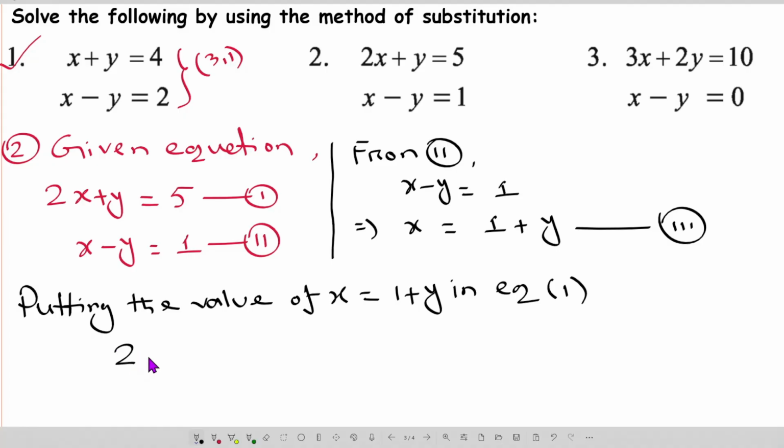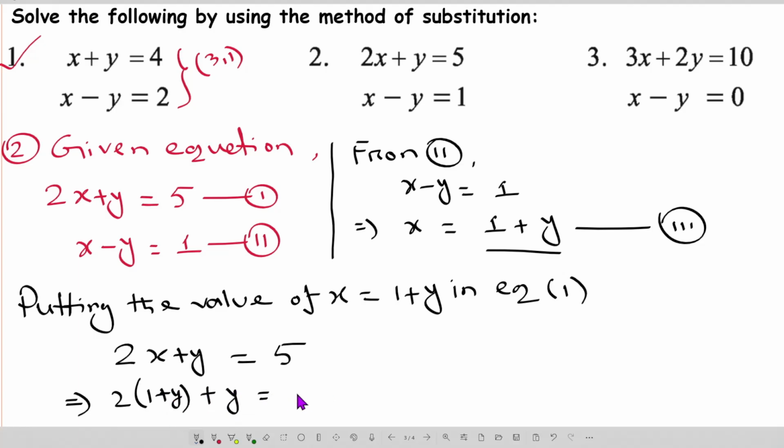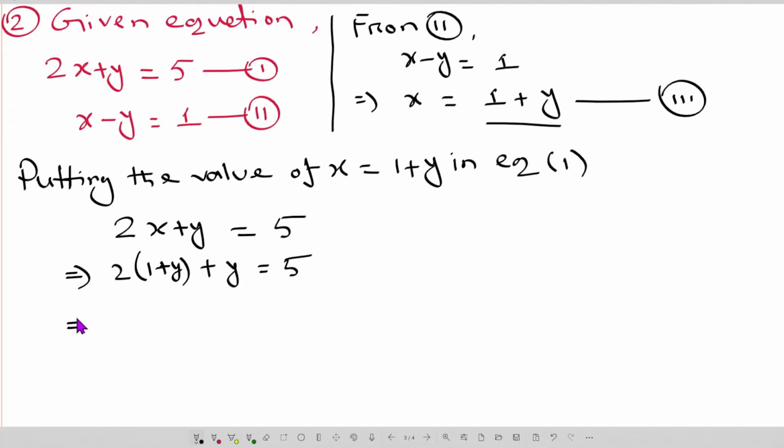Equation 1, 2x plus y equals 5. So 2x means 2 times (1 plus y), and here plus y equals 5, right? So 2 plus 2y plus y equals 5.